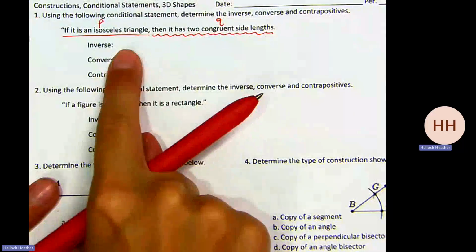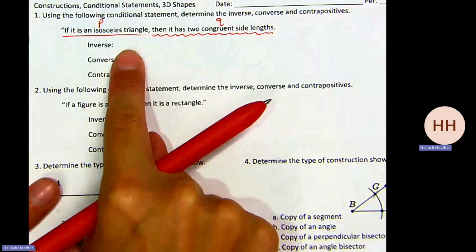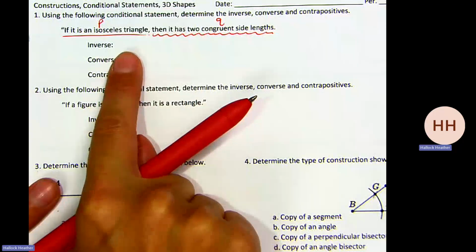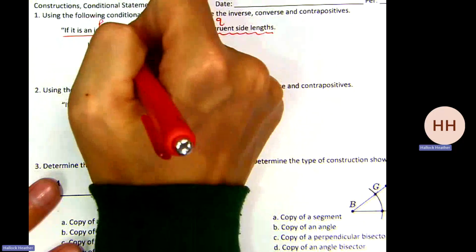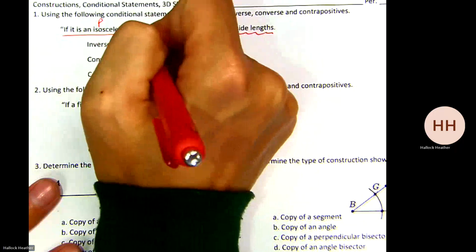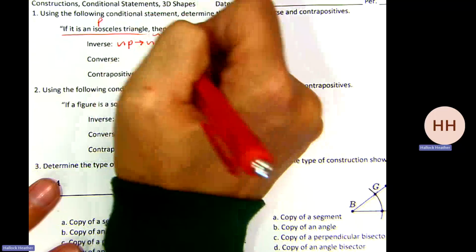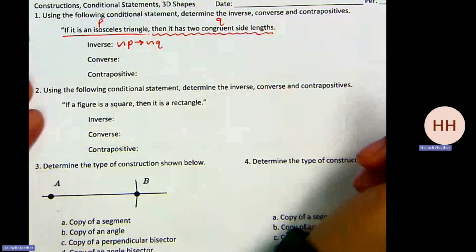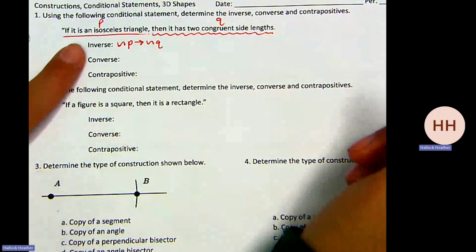When you're talking about the inverse, it is not switching the statement. All it's doing is negating the statement. So it's saying not P, then not Q. So I'm basically negating the sentence, making it negative.